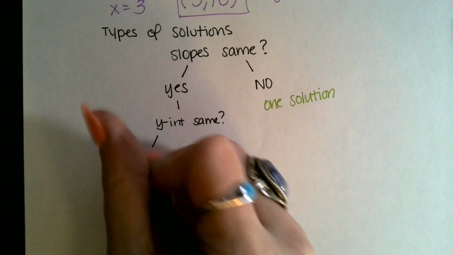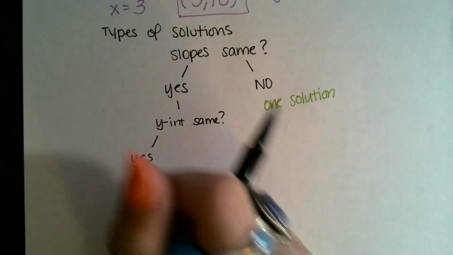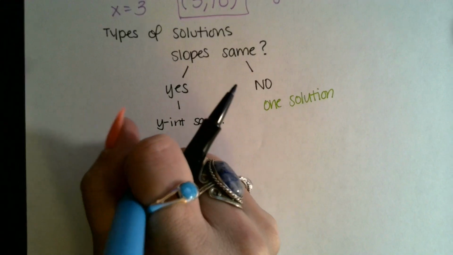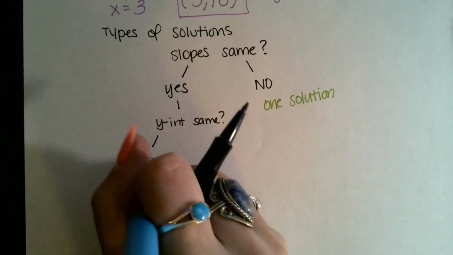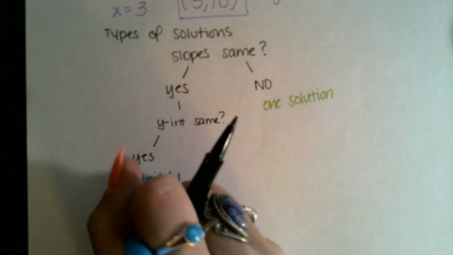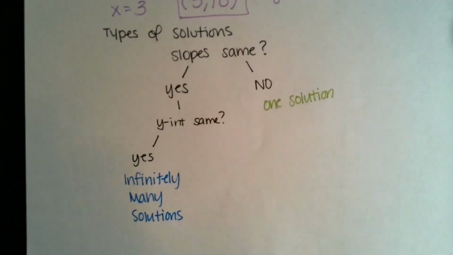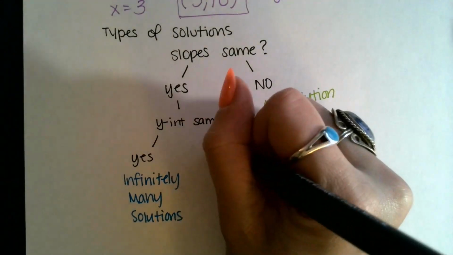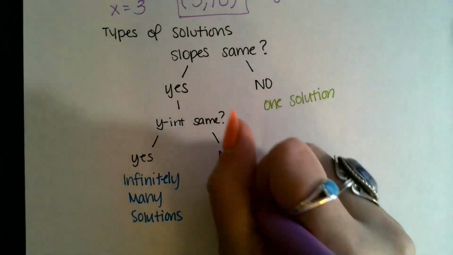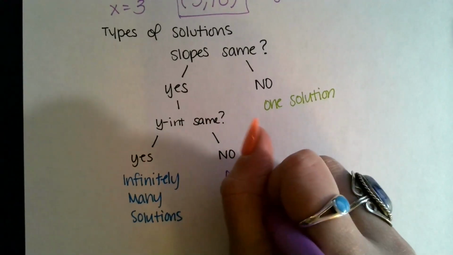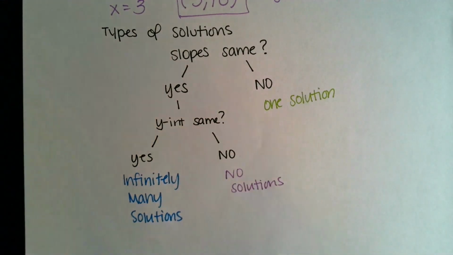If the slopes are the same and the y-intercepts are the same, your system has infinitely many solutions. If your slopes are the same but your y-intercepts are not, you have no solutions. Hopefully you remember this little flow chart.